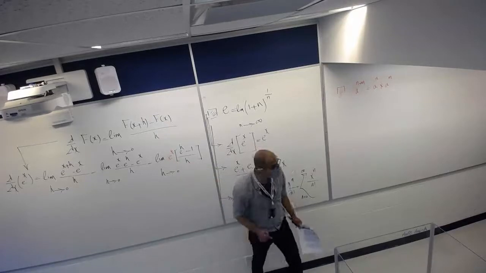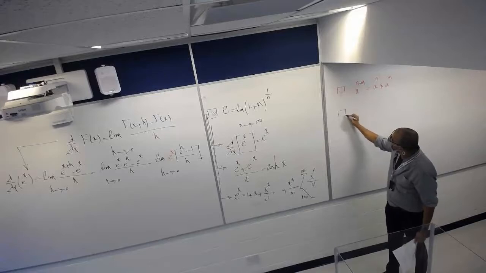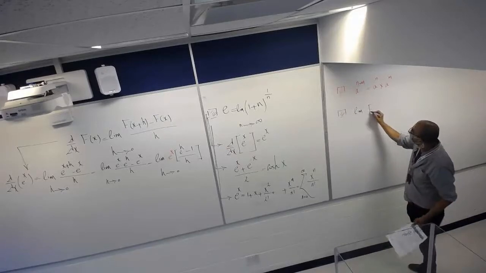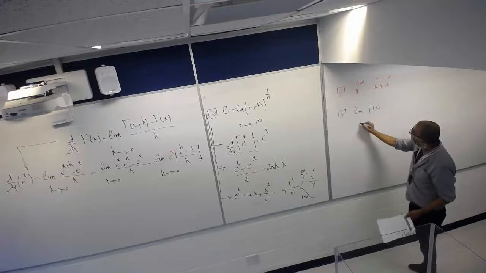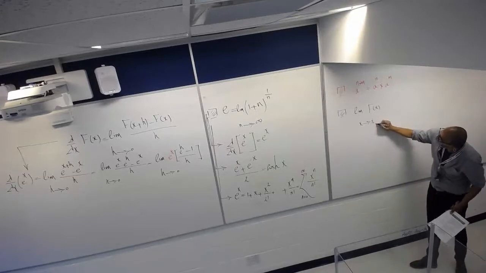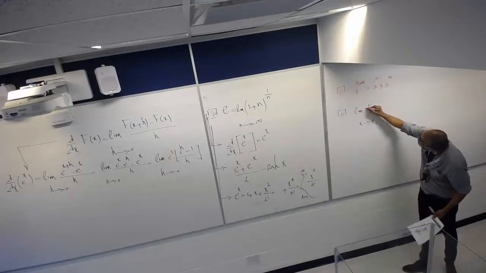Because you remember from the things we talked about regarding the limit laws, we said that the limit of f of x, when x goes to any number, which I call x naught, and I have a constant term c.